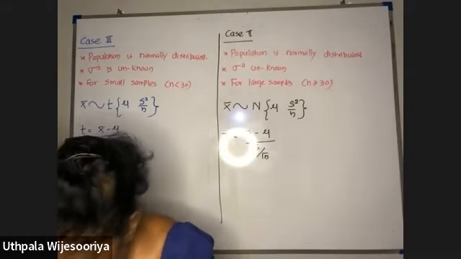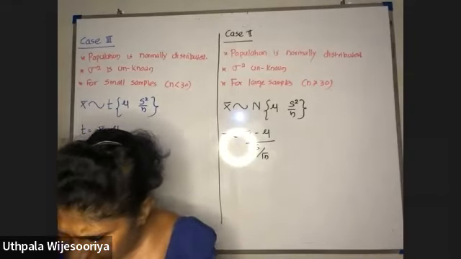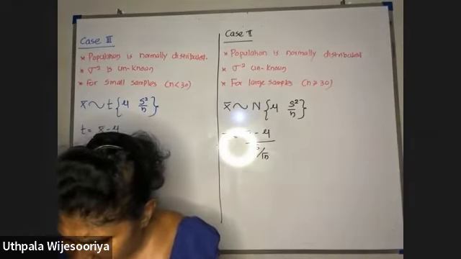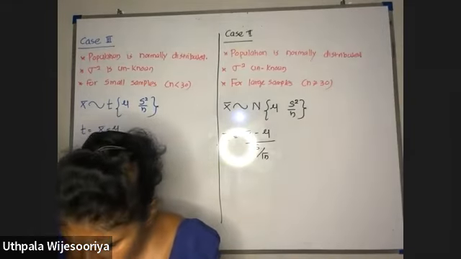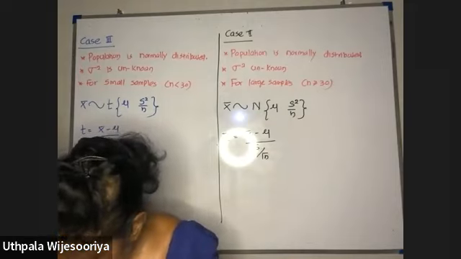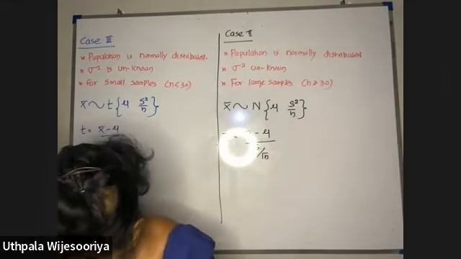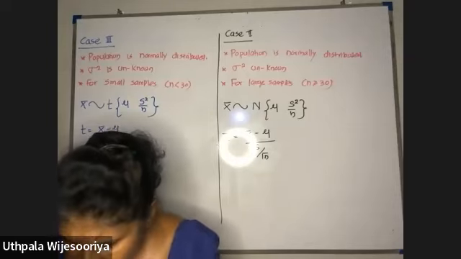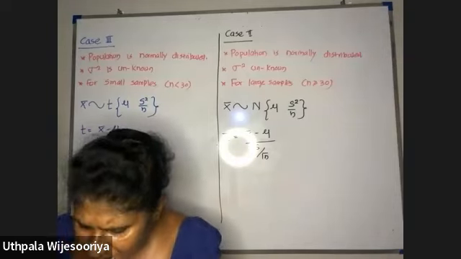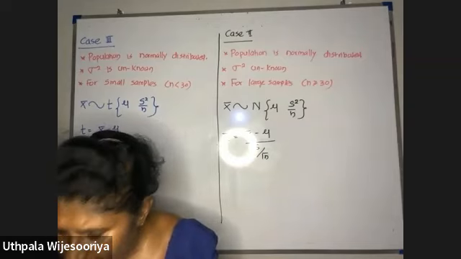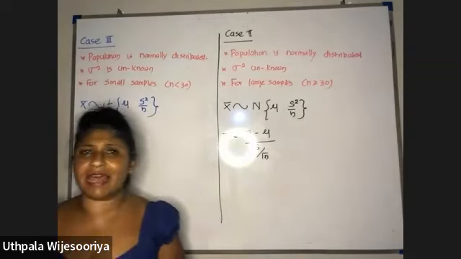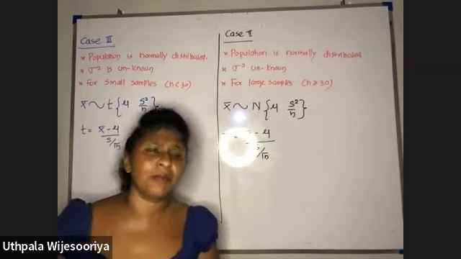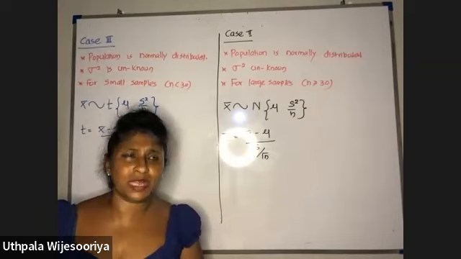Unless the sample size is sufficiently large, that is n is less than 30, the standard deviation of the sampling distribution of sample means should be estimated using the sample standard deviation, and then the sampling distribution of x bar is not normal. Since we do not know the population variance, we take the sample variance instead.